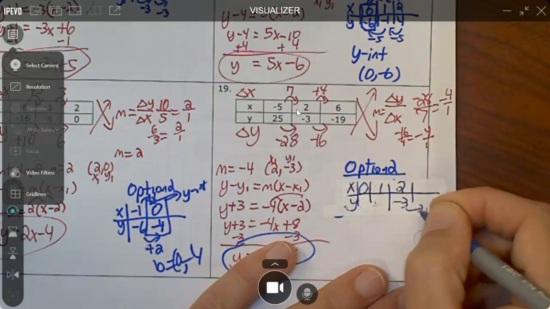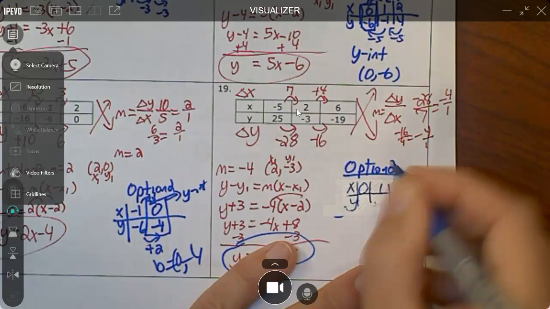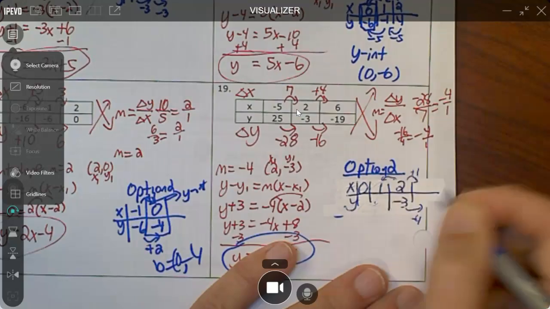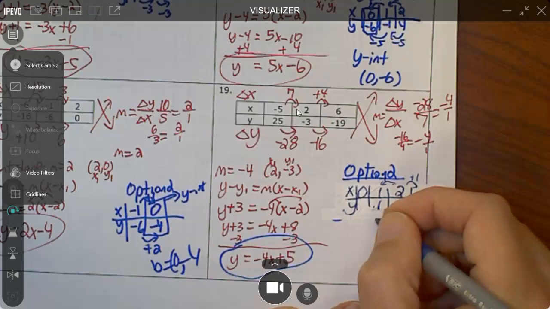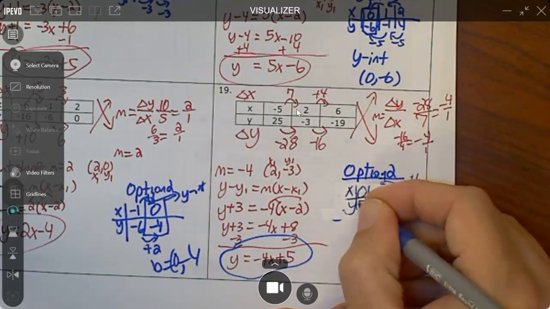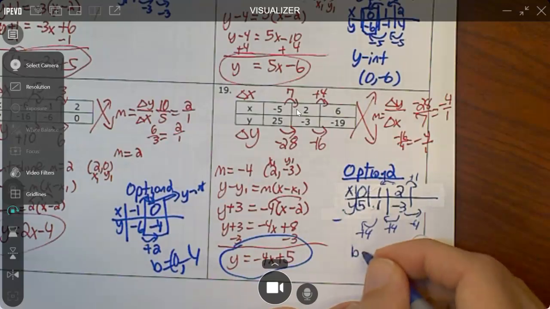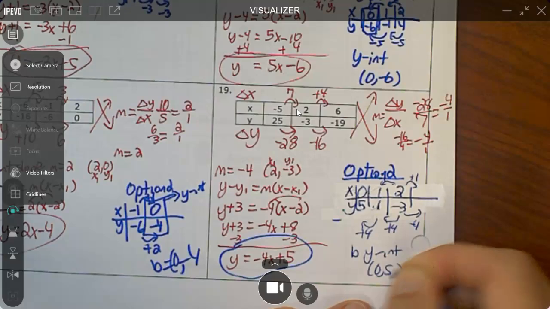Okay, if we went this way, it'd be -4 and it'd be +1. Okay, if I go back 1, I add 4. This is why I don't like this technique. Add 4. So B, Y-intercept, 0, 5.